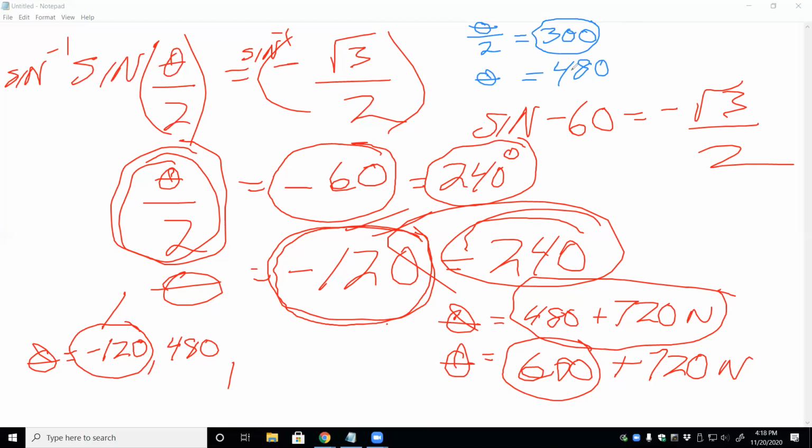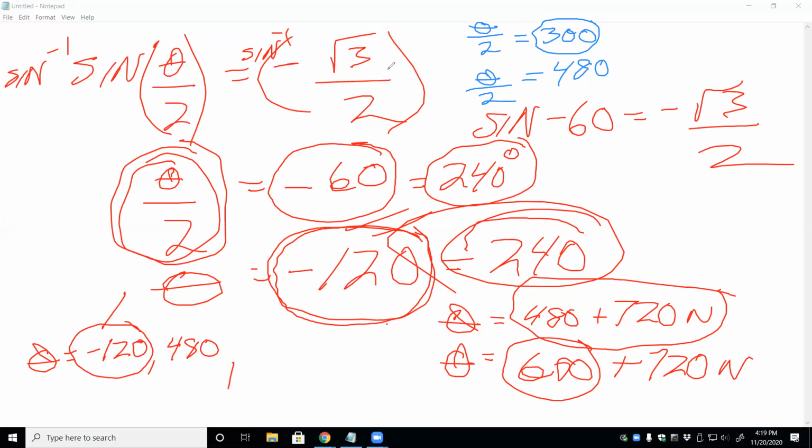And if I took the sine of 480, I wouldn't get negative. If I took the sine of 480, that's the same as the sine of 120, which is a positive number.